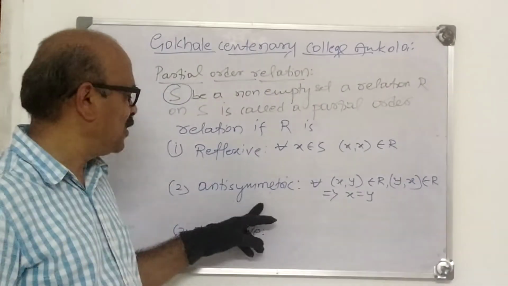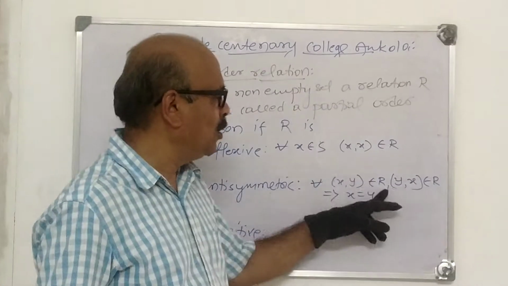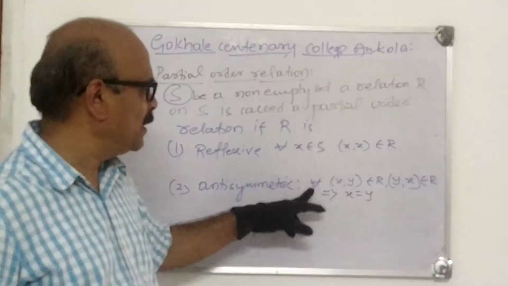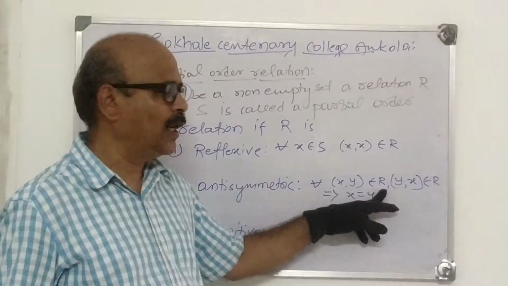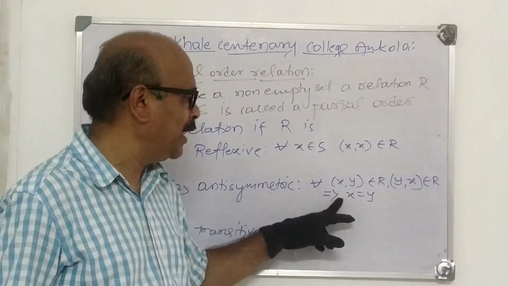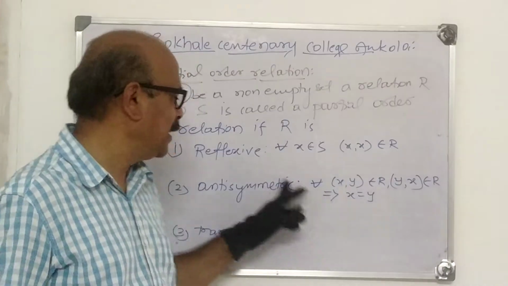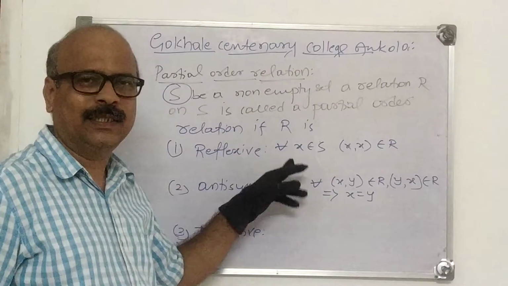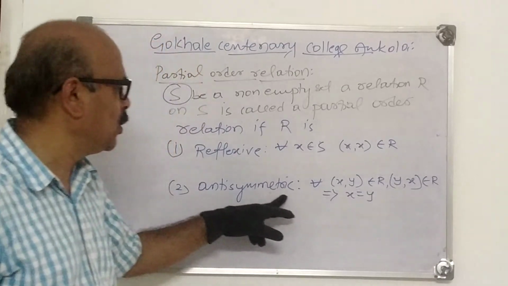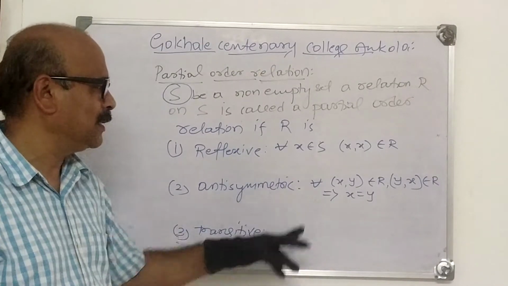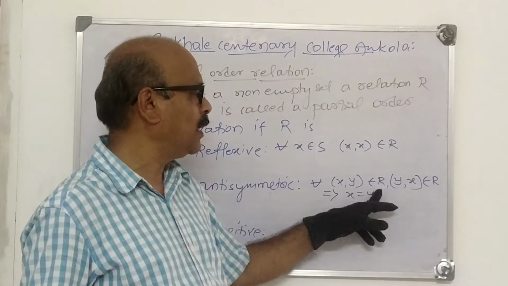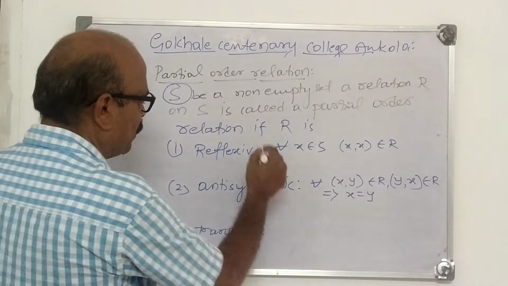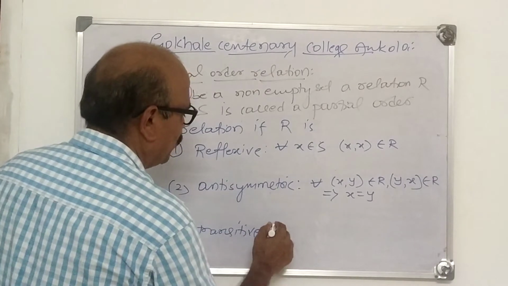Symmetric means for all (x, y) belongs to R, (y, x) must belong to R. But antisymmetric means for all (x, y) belongs to R, (y, x) belongs to R implies x is equal to y. Then the relation is called antisymmetric. I will give an example for partial order relation, it will be clear. And it must also be transitive. What do you mean by transitive?